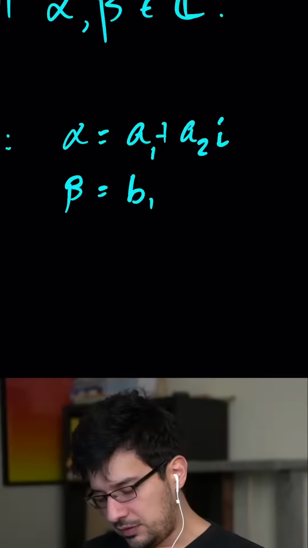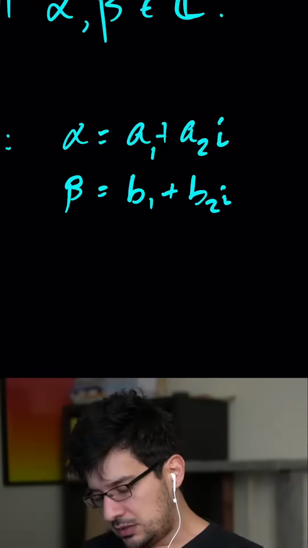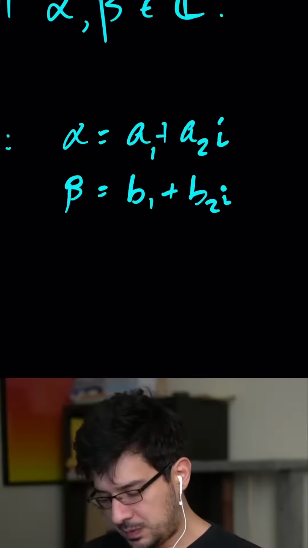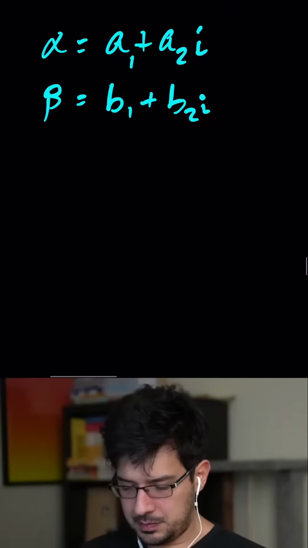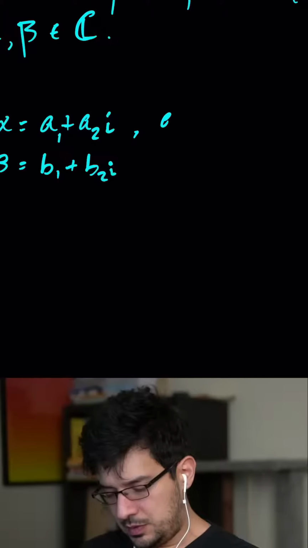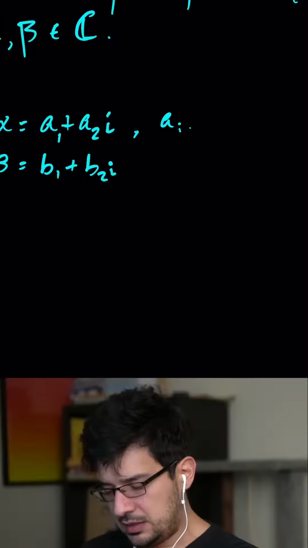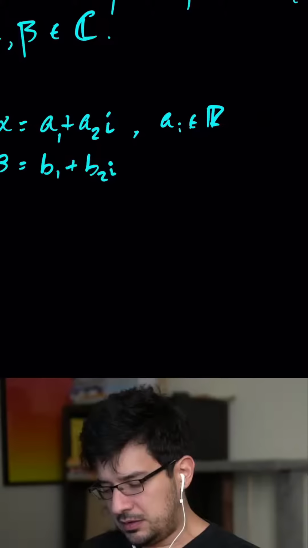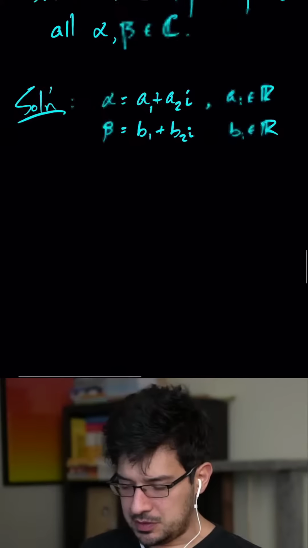So beta is b1 plus b2 times i, right? With a1 and b1 in the real numbers.